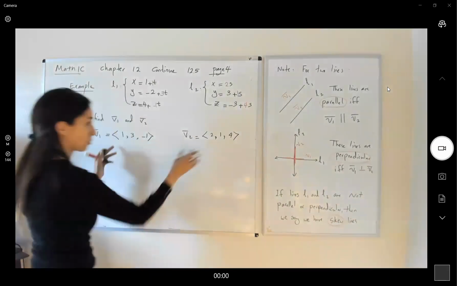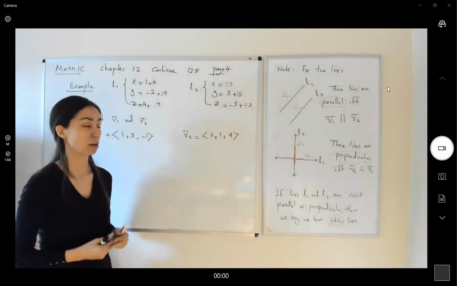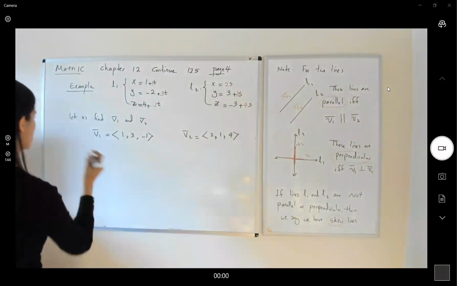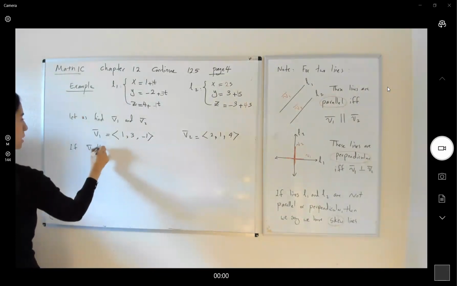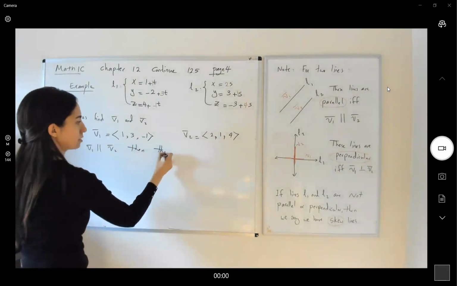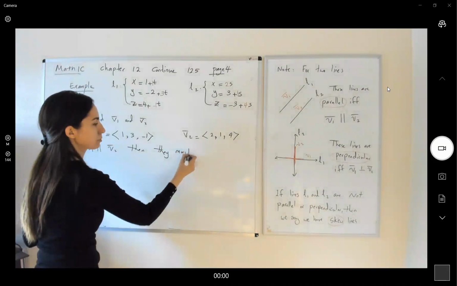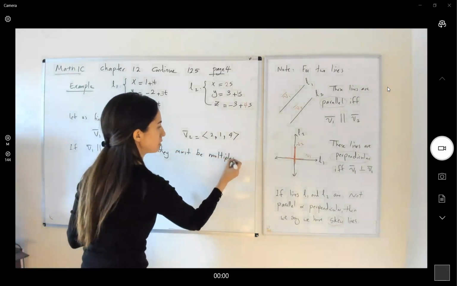Okay. Here you have 2 vectors. Are they parallel to each other? Are they perpendicular to each other? So if V1 is parallel to V2, then they must be multiples of each other.